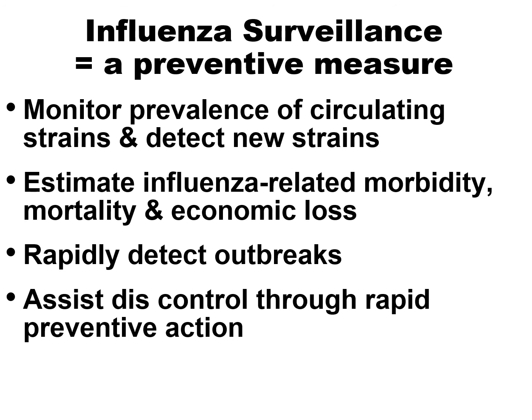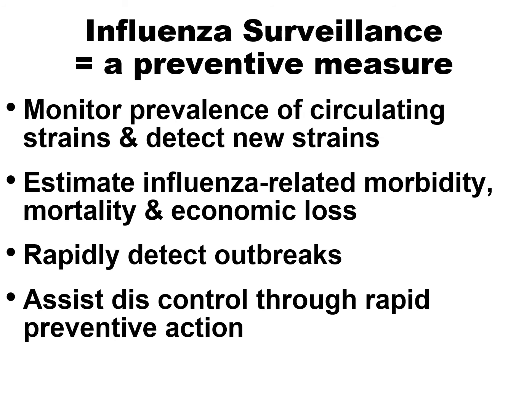Influenza surveillance as a method for prevention. Monitor prevalence of circulating strains and detect new strains. This is done in Western countries, and not only this, there are also stations all over the world to do this, to be sure that there is no epidemic of influenza.